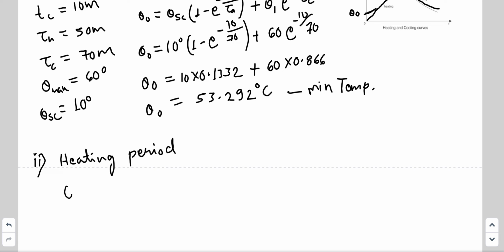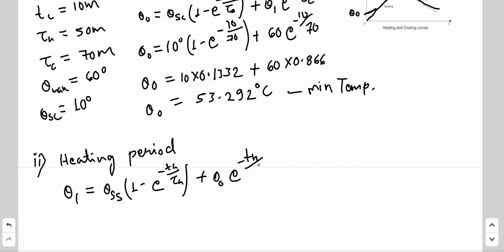what is the formula? Theta 1 is equals to theta SS into 1 minus e power minus heating time divided by heating time constant plus theta 0 into e power minus heating time divided by heating time constant.